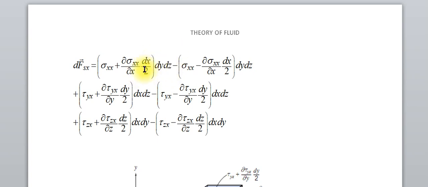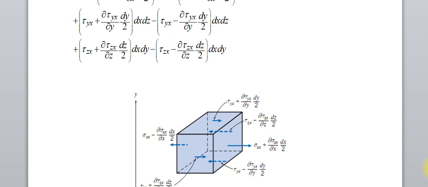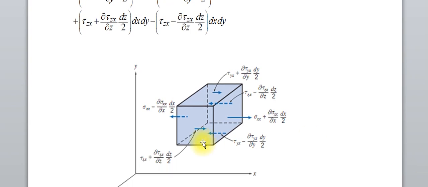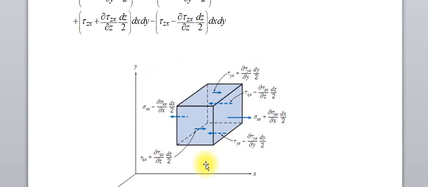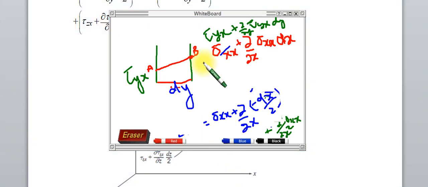Okay, and dy by dz. How does it come now? Look at this one. In this direction we have, this is the x plane, and this is the x direction also. Okay, so now look at this one. When it is passing through the area, what will that area be?